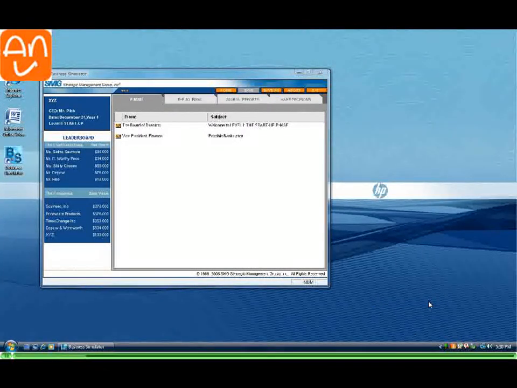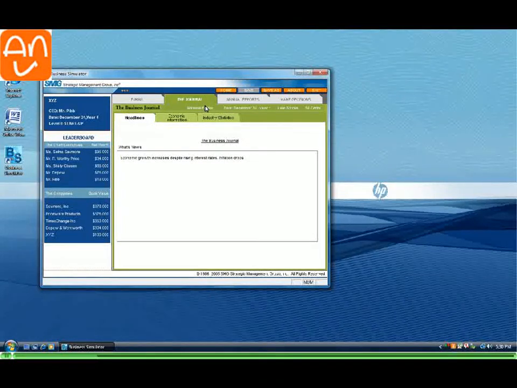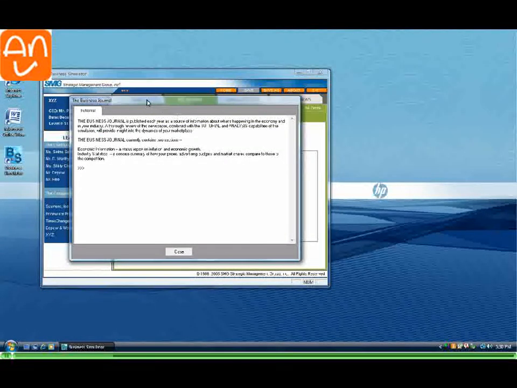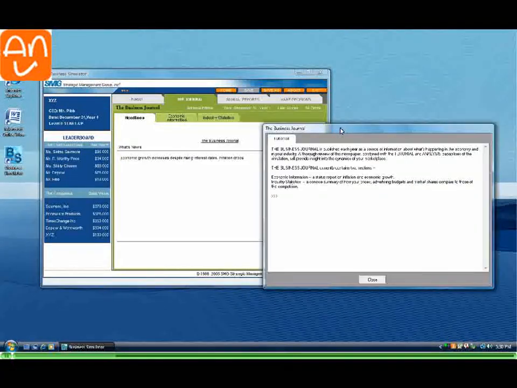Since we finished the first round of the simulation, the Journal tab is now able to be opened. Anytime you want to find out more information about a word or a group of words and it's underlined, you can just click on it, and that will give you an additional screen that tells you more about it.